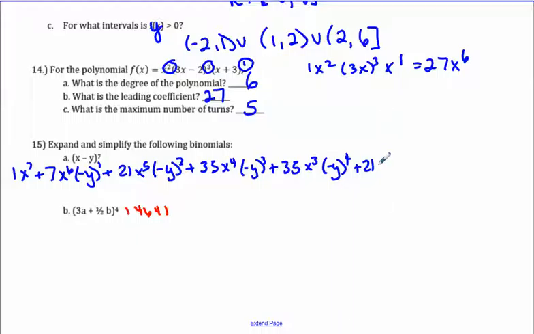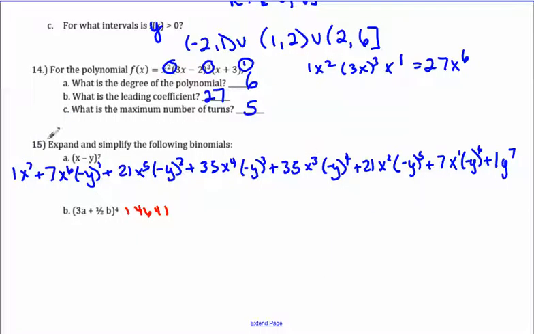All right, so lose an x and gain a y. All right, 7 was the next one. Okay, x to the 1, negative y to the 6, and then 1 y to the 7.